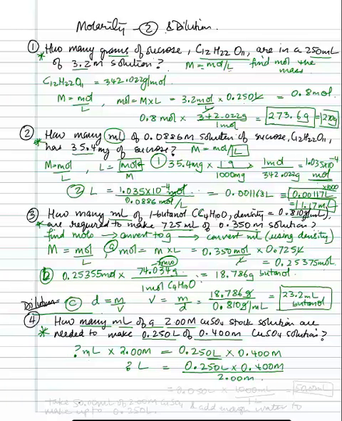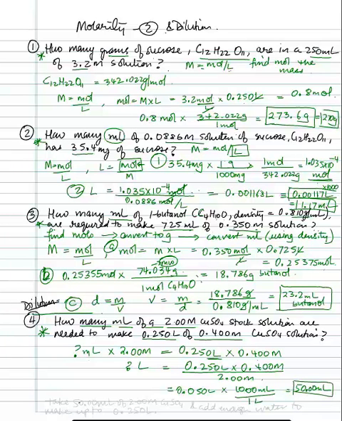And that gives us 0.050 liters, which now we can convert to milliliters. So multiplied by 1000, and that's equal to 50.00 milliliters.